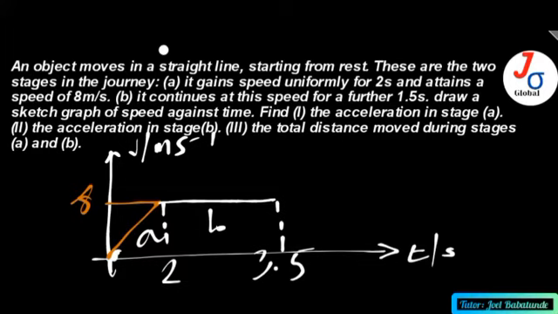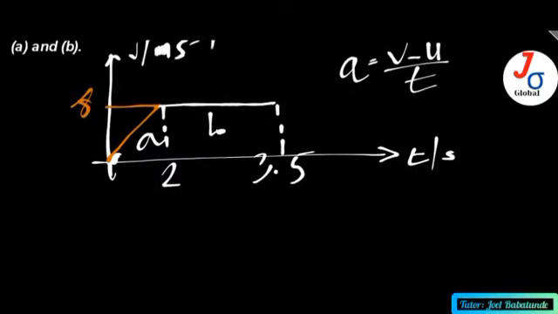Remember, the acceleration is the change in velocity. That's v minus u, final velocity minus initial velocity, and that's the formula we're using. So a equals, what's our final? This is our initial. It starts from the origin and stops at 8.